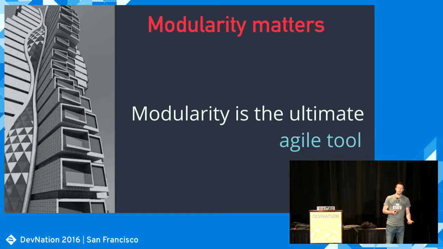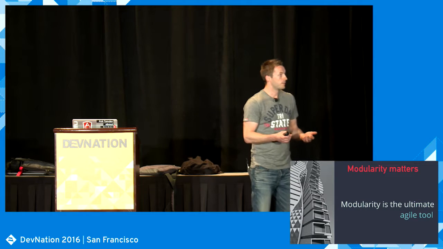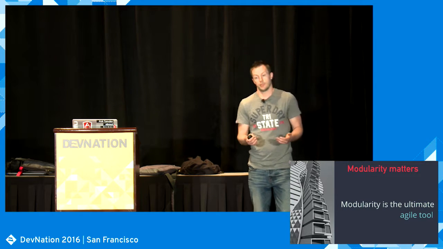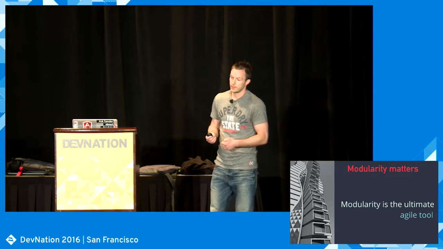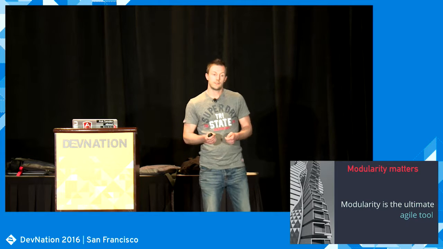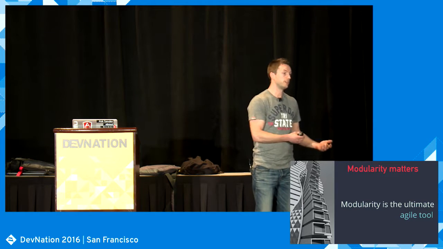But first of all, why do we even care about modularity? Something that I often say is that modularity is the ultimate agile tool. The reason for that is that if you don't have a properly modularized code base, we all know the problems with that. Once you get started with a project and the code base is relatively small, it's very easy and very fast to make changes and to implement new features and maybe take some features away.